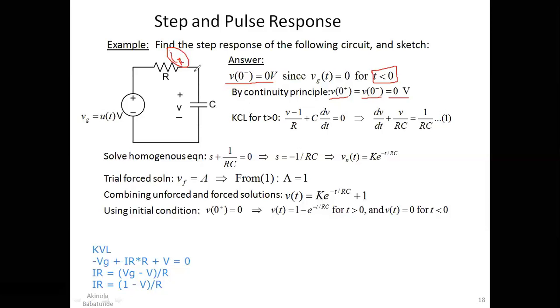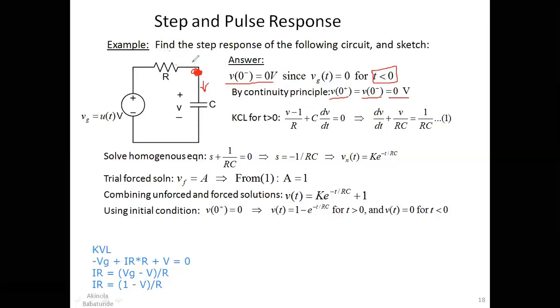If you remember how we deal with our capacitance, let's say there is a node somewhere here. On that node there's a current IR going this way, and then another current coming from that node.